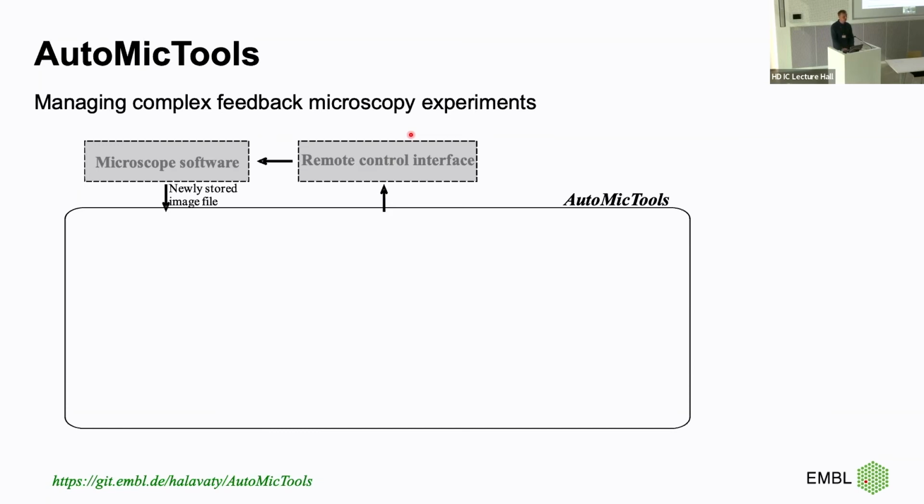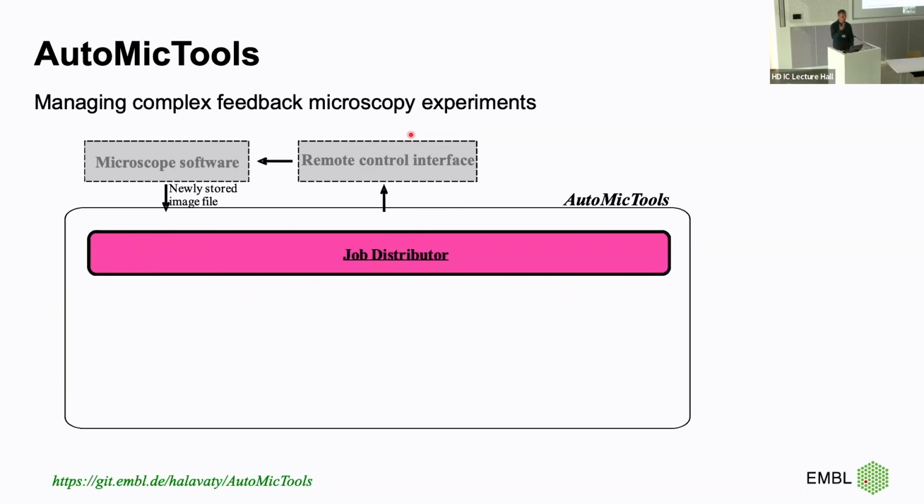So when one uses such a toolbox, one has to pick from already ready modules or define new ones with prepared templates. The first task which needs to be defined is called the job distributor. When a newly acquired image is taken, the job distributor will not analyze the image. It will just identify this image and decide which kind of image analysis has to be done on it. Is it just to define the focus plane? Is it to define the cell, and so on?